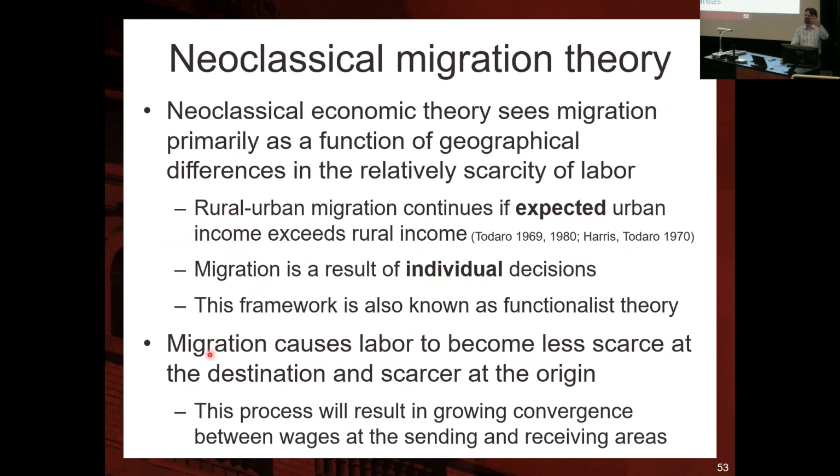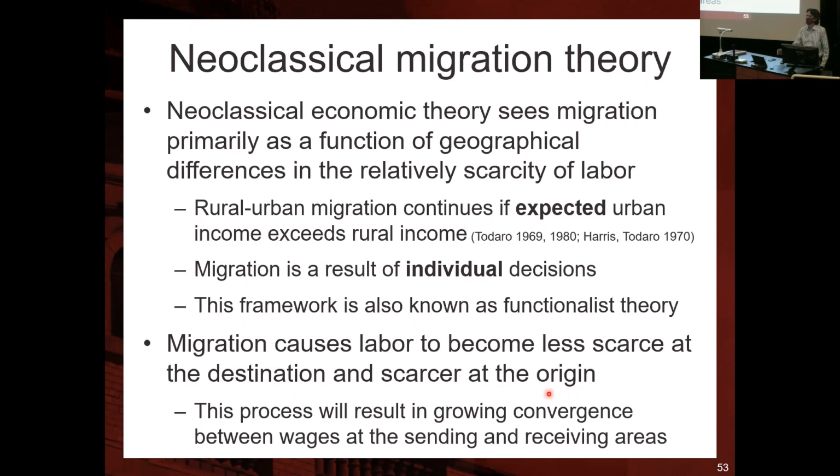So people moving from rural areas, they will cause labor to be less scarce at the destination. So we have more workers going to urban areas, so we have more supply of workers, and we're going to have scarcer supply of workers in the areas that lost those migrants.